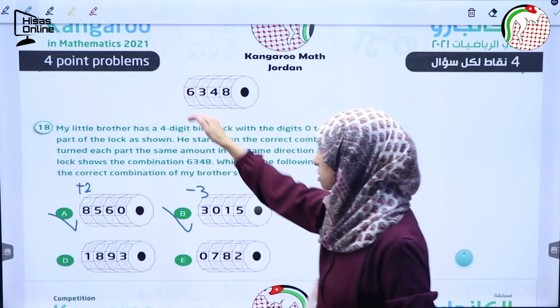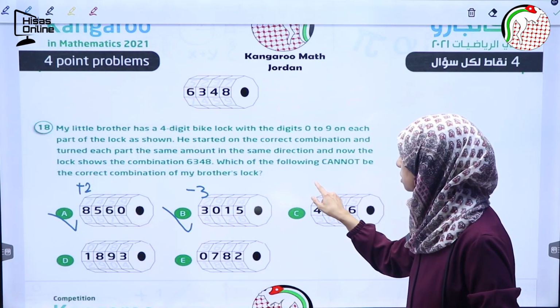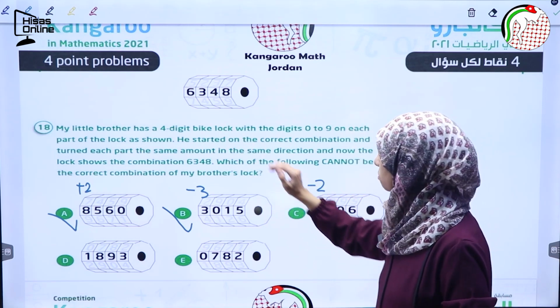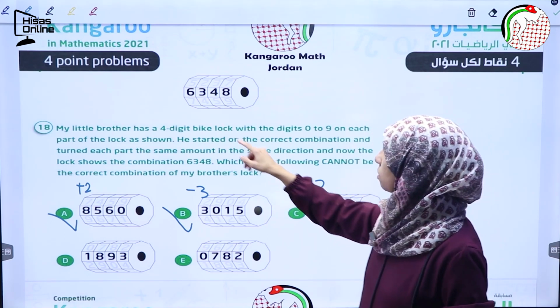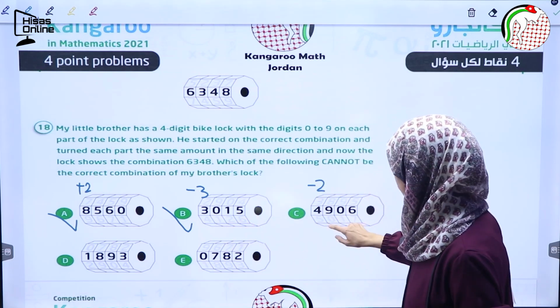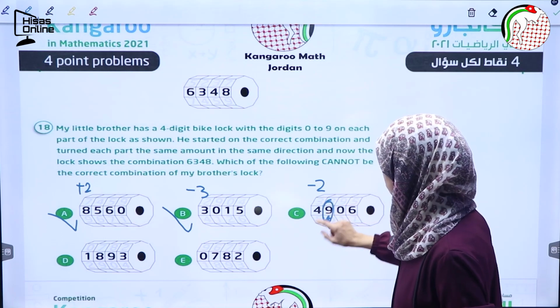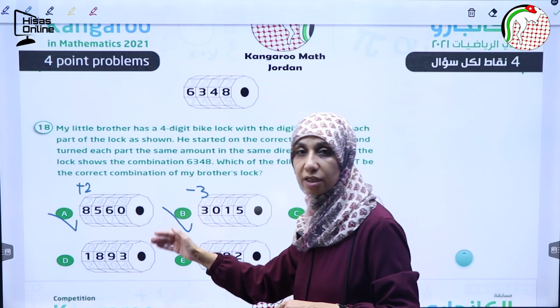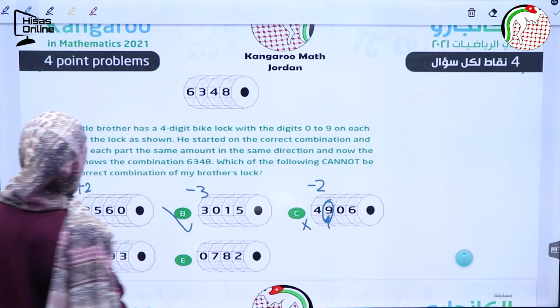Now, 6 to 4. Let's subtract 2. 6 minus 2, 4. 3 minus 2 must be 1. But it's 9 here. So this is not correct, but you must complete checking all options.